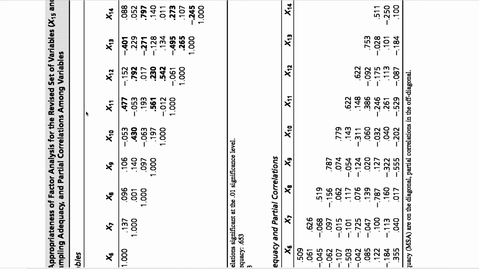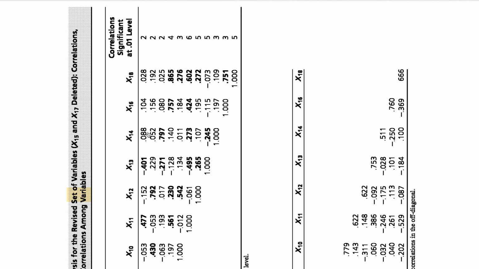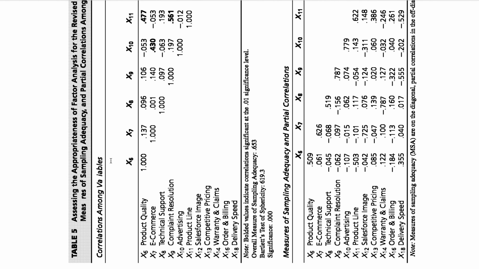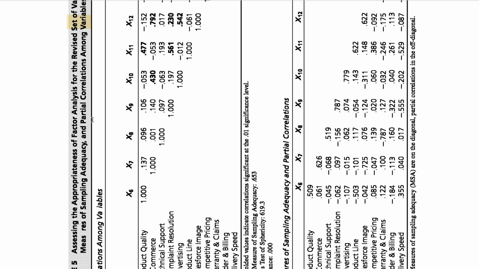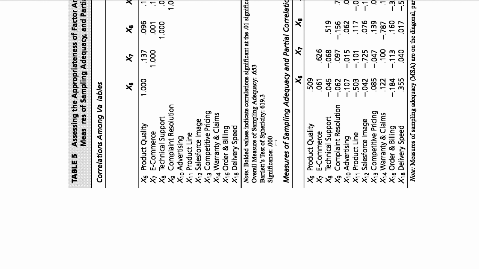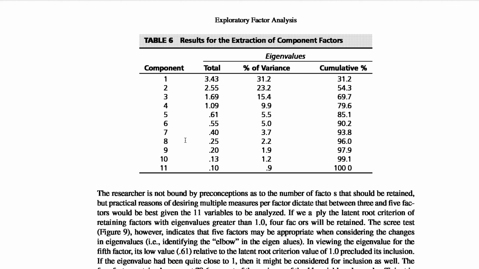The revised set of variables with x15 and x17 deleted: correlations, measures of sampling adequacy, and the partial correlations among the variables. Here is the Bartlett test of sphericity, which is 0.6193, and the significance is 0.00. Here is the result of the extraction of component factors. Components are 1 to 11, the total is here, and here is the percentage of variance. Here is the cumulative percentage.